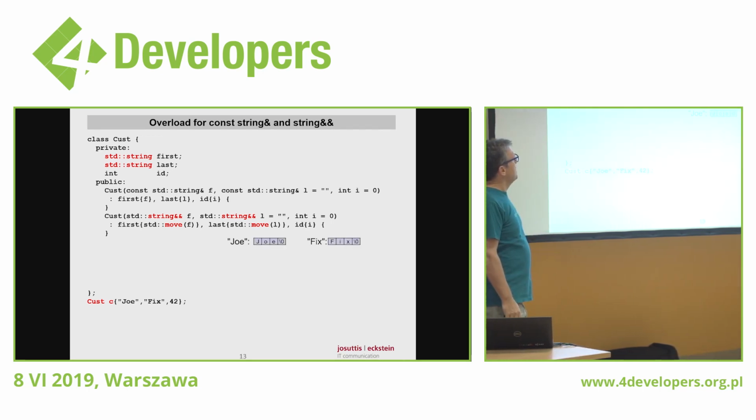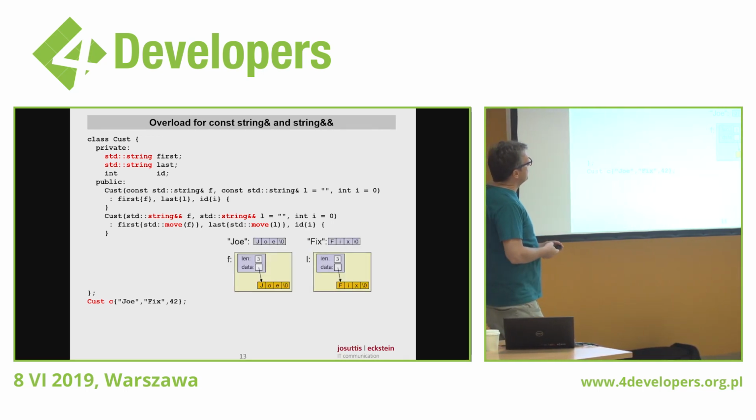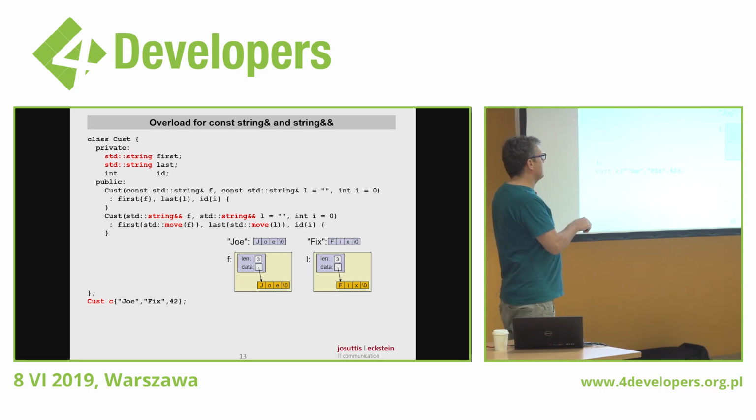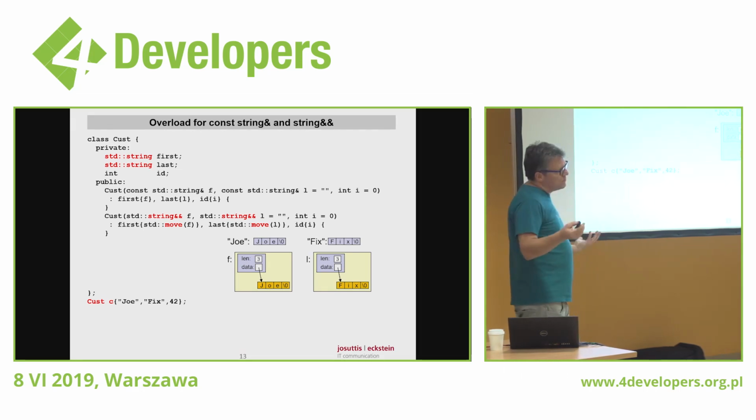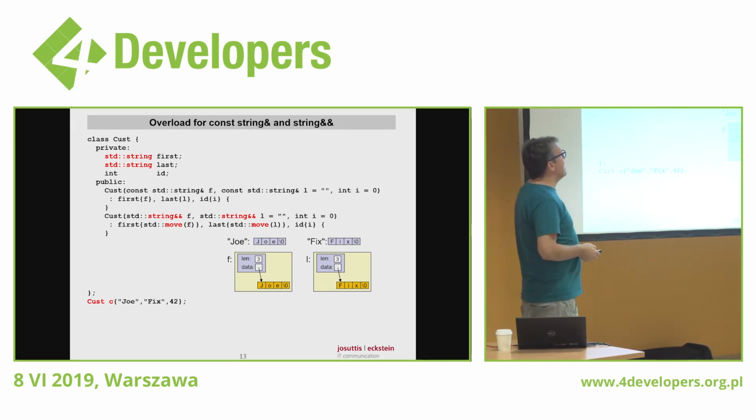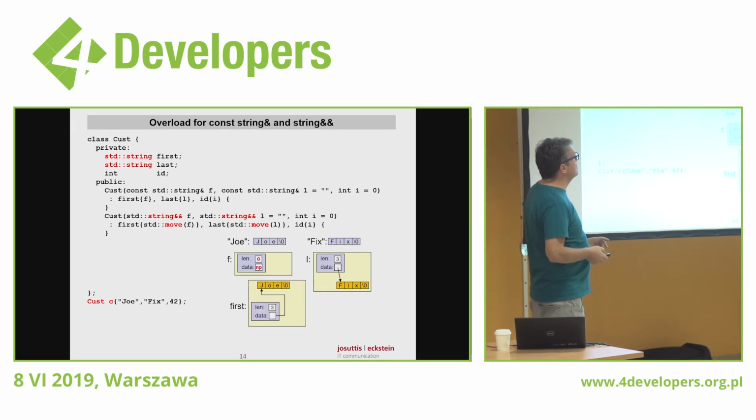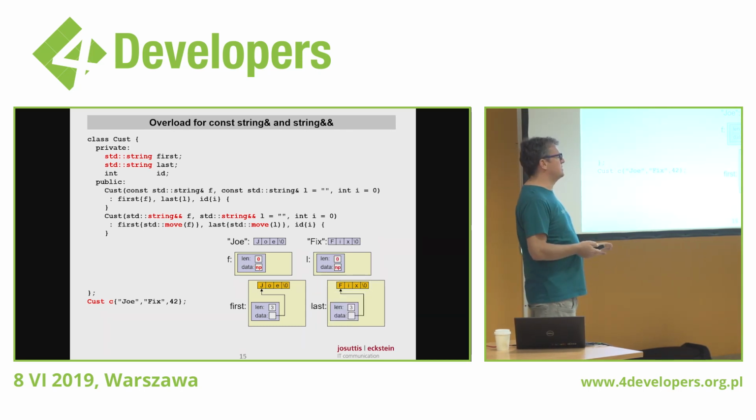And that means that we would say, for example, if we initialize a customer with Joe and Fix, we would still create F and L as temporary strings, allocating memory if we don't have the short string optimization. But then we can steal this memory to initialize the first name and to initialize the last name. And that's our new object.